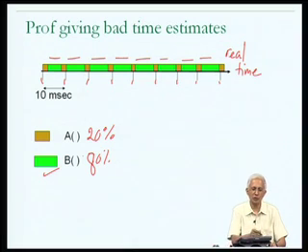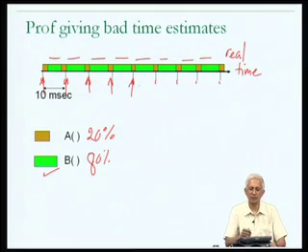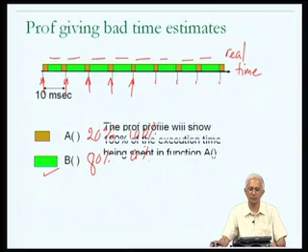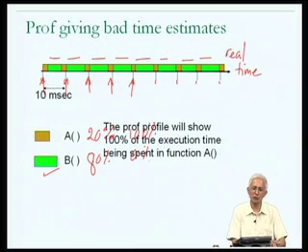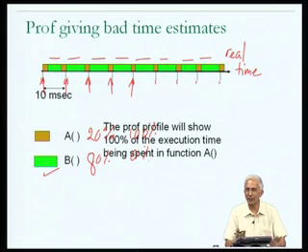Unfortunately, every time the timer interrupt happens, function A is running, and therefore the estimate Prof is going to give you is that 100% of the time is spent in function A and 0% of the time is spent in function B. So the Prof profile will show 100% of the execution time being spent in function A. This may not be a frequently occurring situation, but it's something that could happen. In other words, Prof could be completely wrong. And we have to somehow take this into account, otherwise we could be in deep trouble.